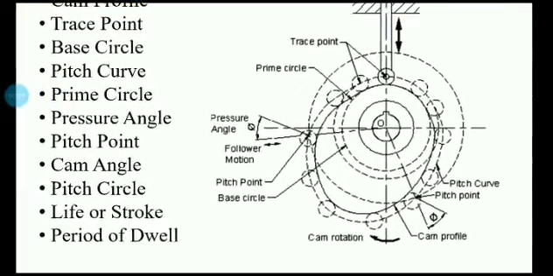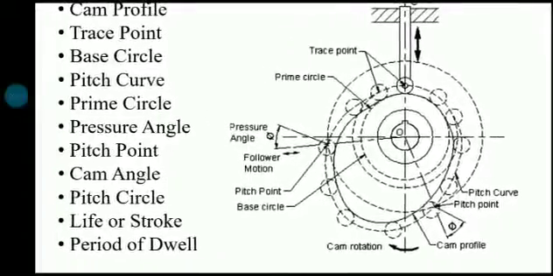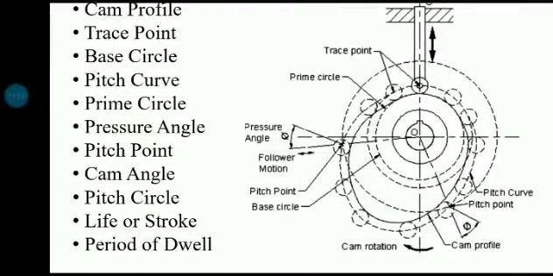Next is the pressure angle. Pressure angle is the angle between the direction of motion of the follower and the normal to the pitch curve at that point. Depending upon where you are taking the pressure angle will change.